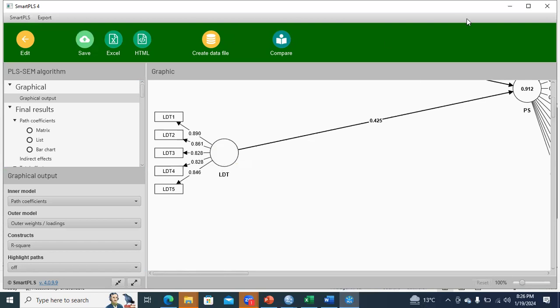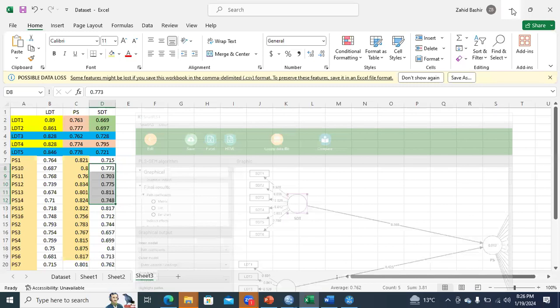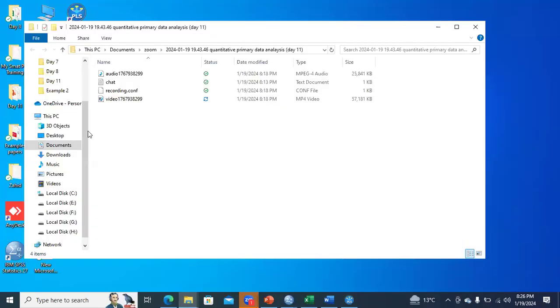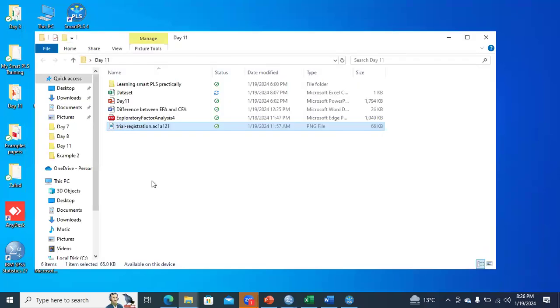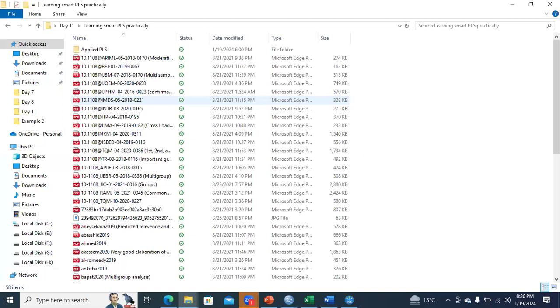So why do we need to apply the Smart PLS procedure? There are a lot of arguments over here that I would like to show you. I have a lot of papers on Smart PLS and on AMOS that you need to see for your understanding.